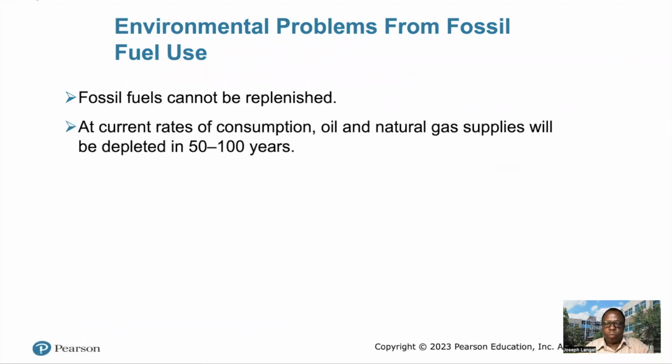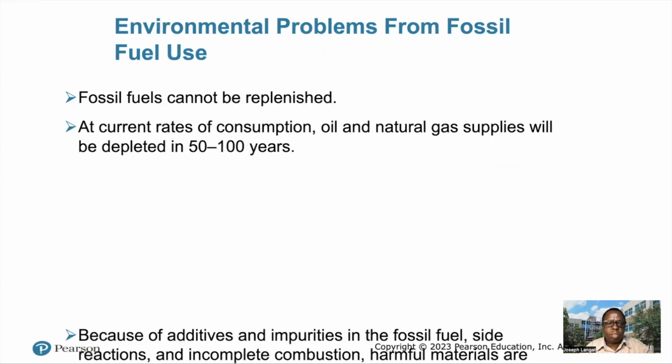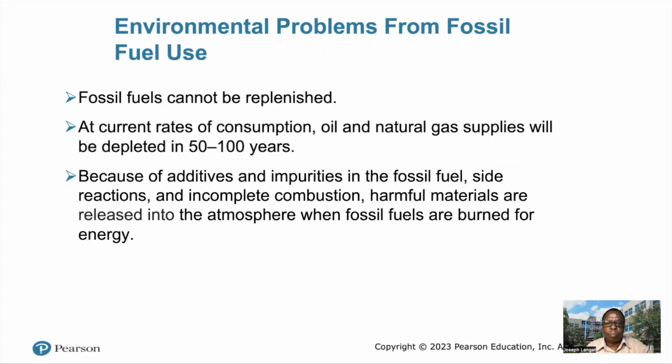There is a rush to find an alternative source of energy in case in 50 years we don't have oil, we don't have gasoline. How are we going to move around? It's going to be a disaster. Therefore, there is a need to find an alternative source of energy in 50 years.